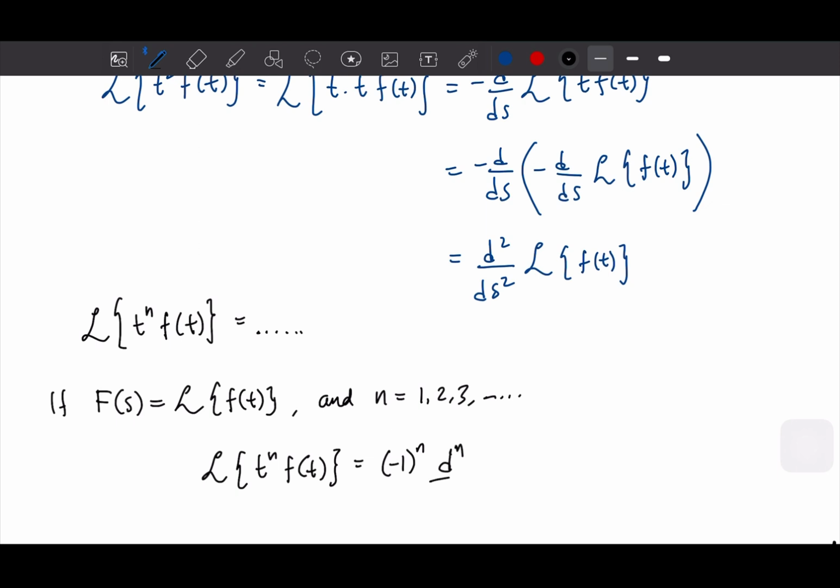And then d to the power of n over ds to the power of n of F(s). So we can have repeated derivatives.